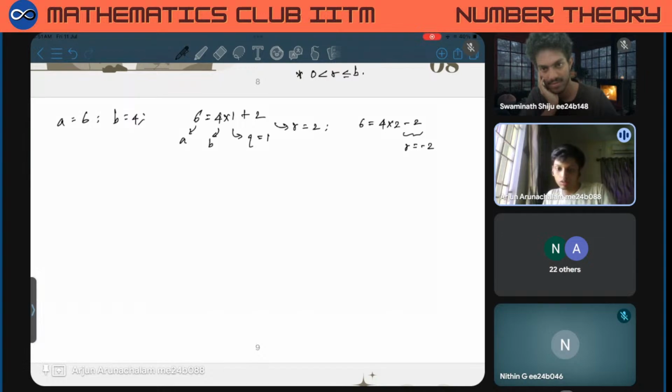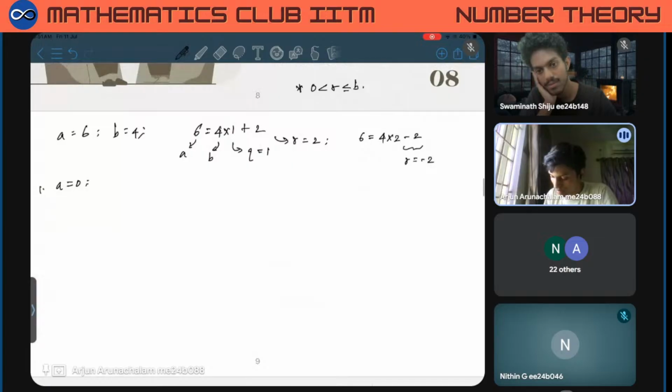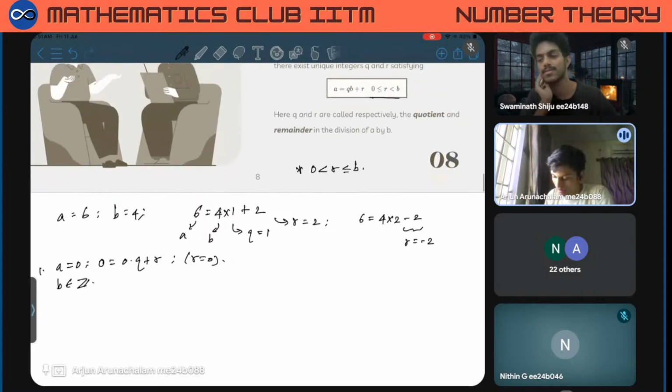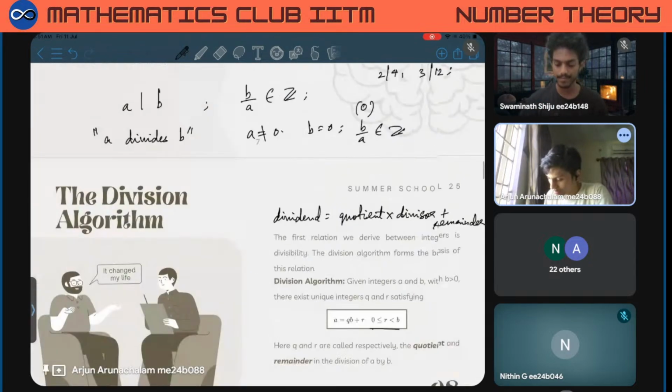So now let's actually start proving that something like this exists. We'll do it case by case. First, assume the case where a is equal to 0. So if a is equal to 0, you basically write 0 is equal to 0 into q plus r, where r is also 0, for any b that belongs to the integers.